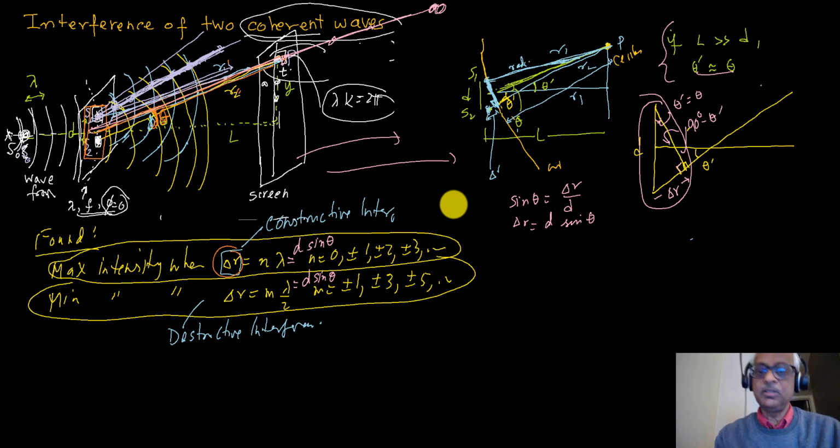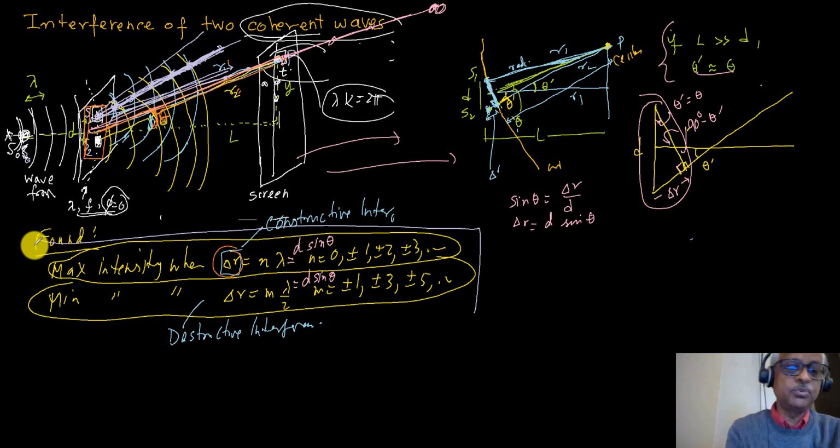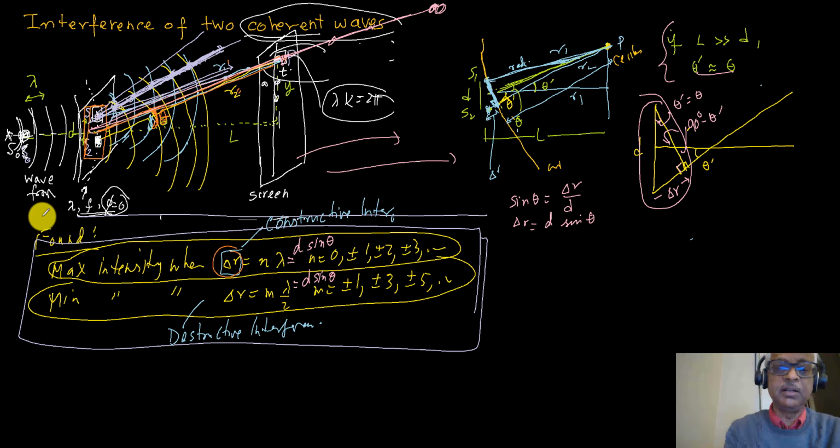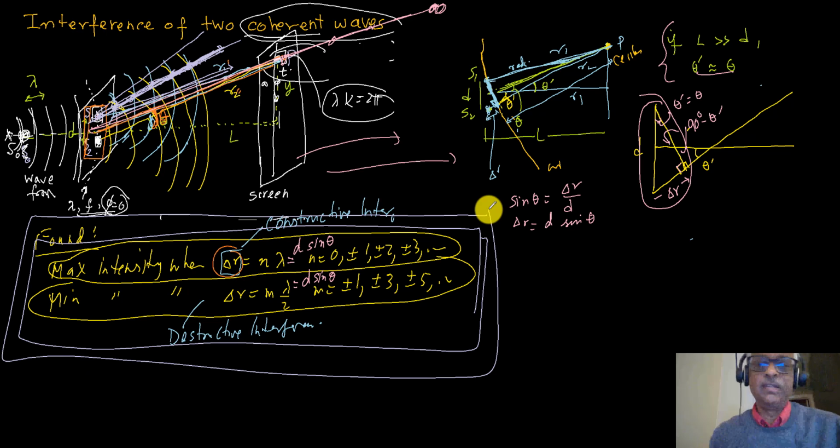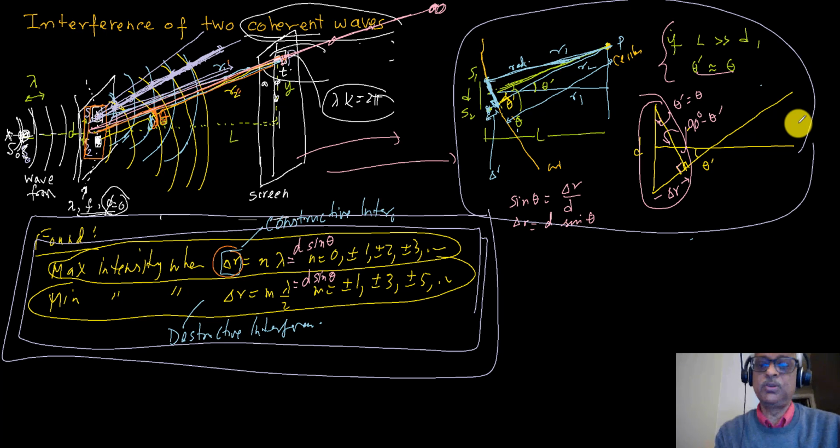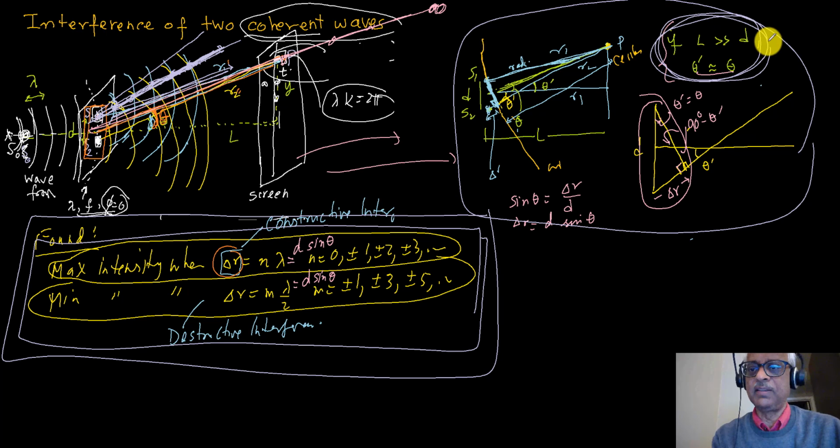Okay, so these are the formulas I used in the last problem, and I hope this explanation of how to convert the distance difference to the direction is clear. It's very critical that this is far away, and we do make this assumption when we go from the distance difference to the direction in which we're looking.